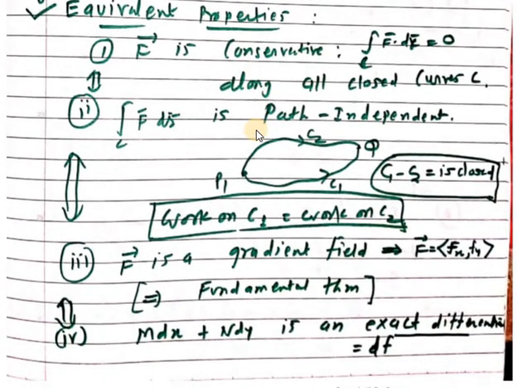Consider an equivalent property. Here F is conservative. That means the line integral of F dot dr bar is equal to 0, where the curve is a closed curve. This holds if and only if the line integral of F dot dr bar is path independent.